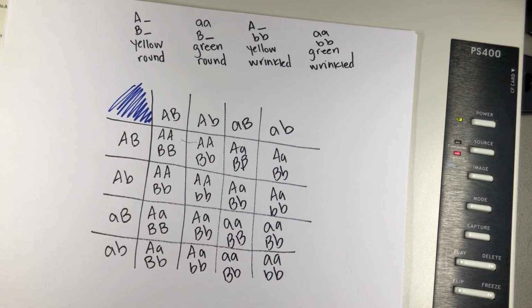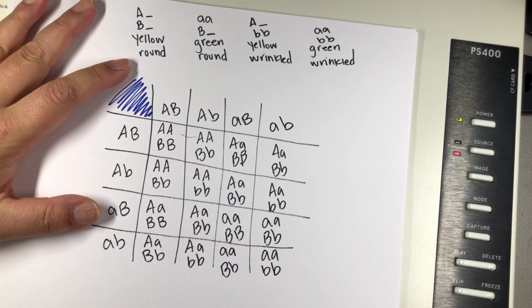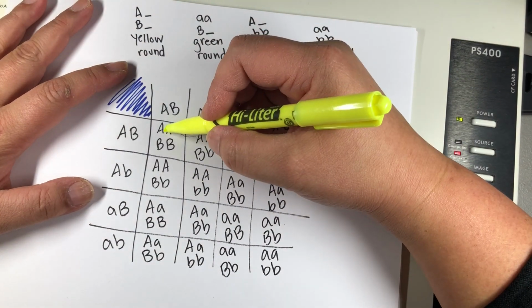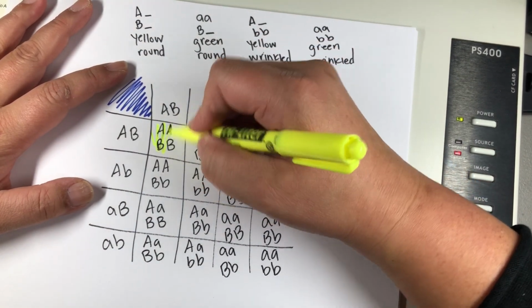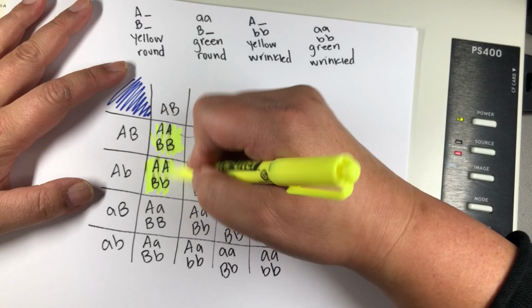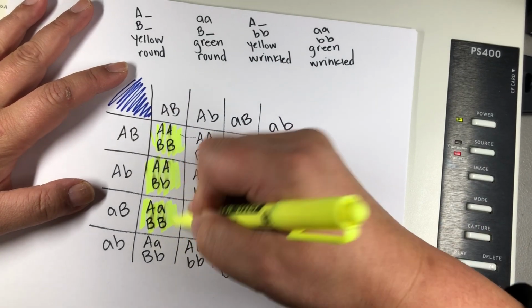All right, so let's analyze the data. Let's do yellow highlighter. Anything that is yellow and round, I'll color in with this yellow highlighter. Now, does this have a big A and a big B? Yep, this does. That does too.